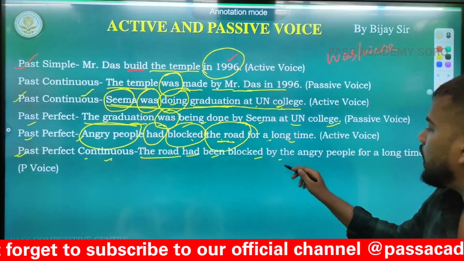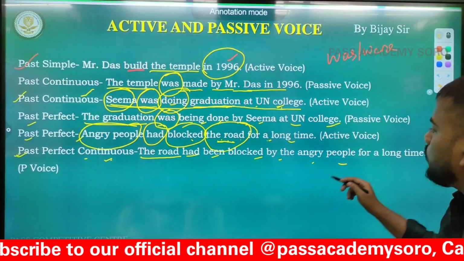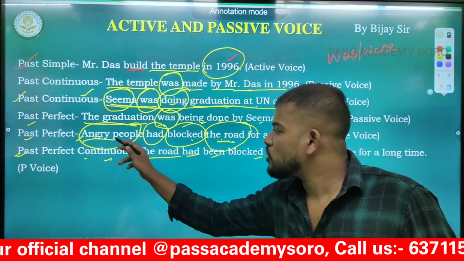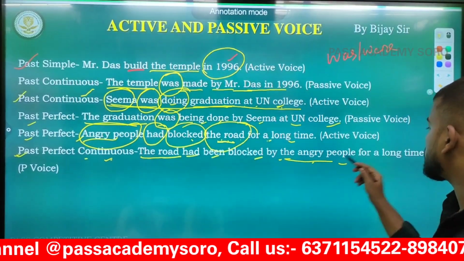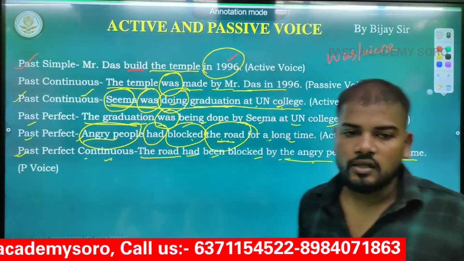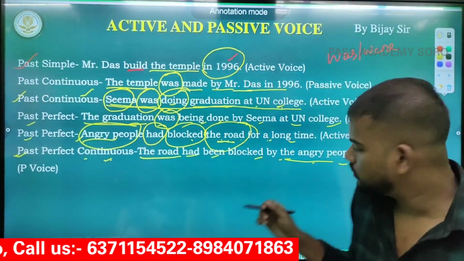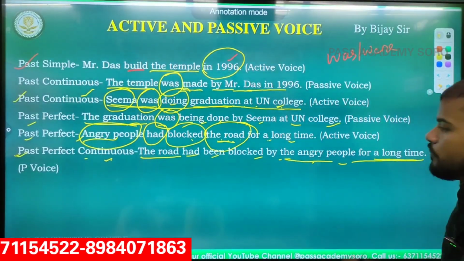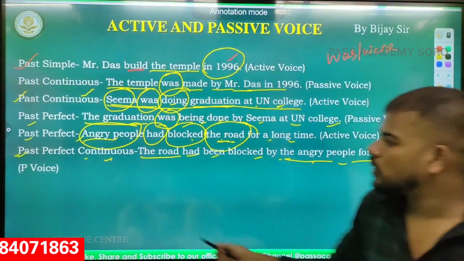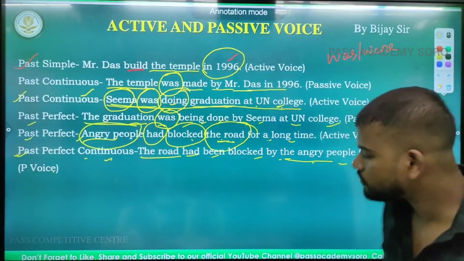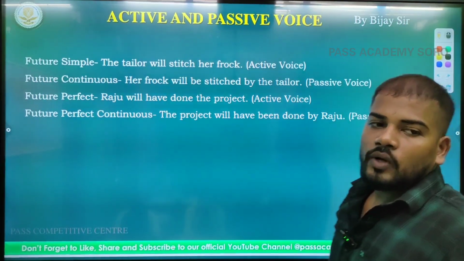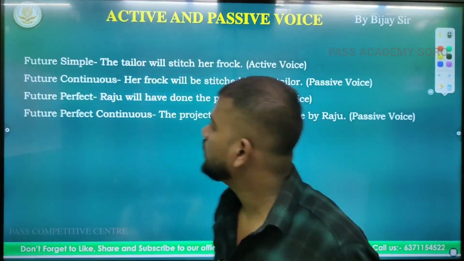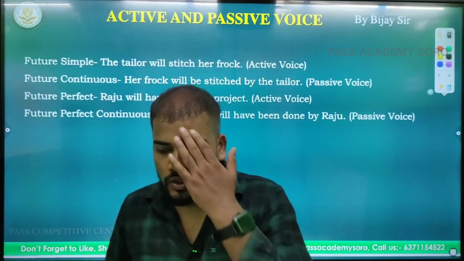So the road had been blocked by the angry people. Here the angry people is the subject, it became the object. For a long time, the remaining part of the sentence, we just add at the end of the sentence, and it became our passive voice.